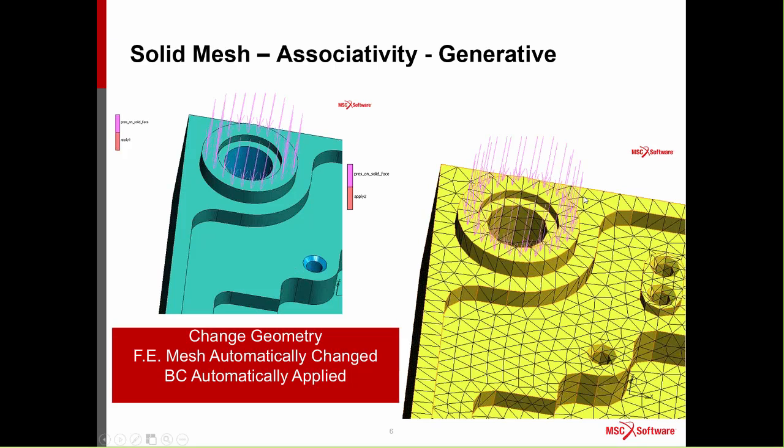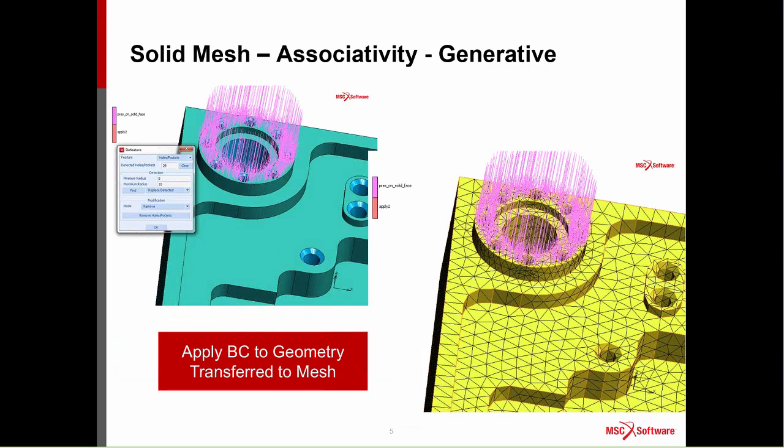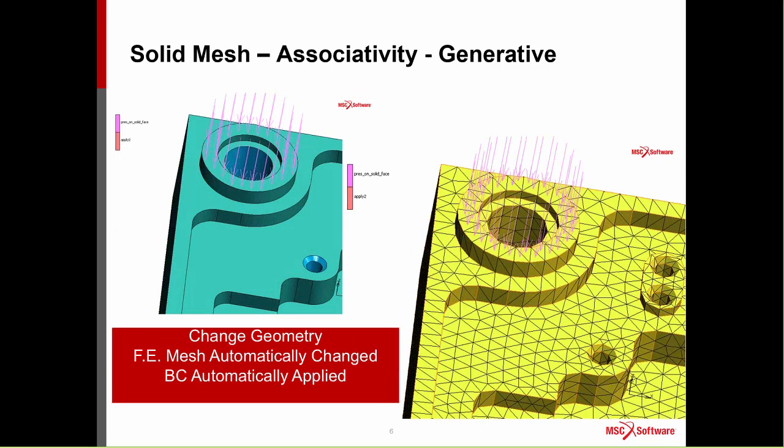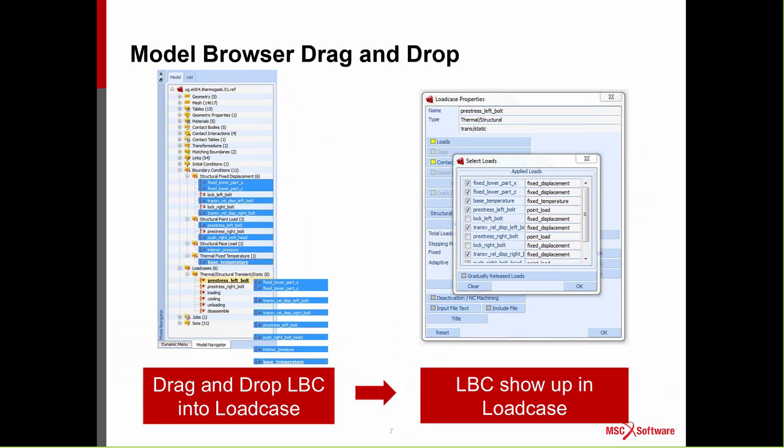It automatically generates a new finite element model for you, and applies the boundary conditions onto that new finite element model. So this is a great productivity tool when you're doing small design changes or if you want to suppress these features, because clearly by suppressing these features, we get a coarser mesh and lower computational expense.